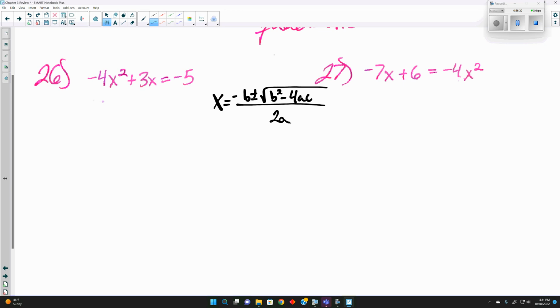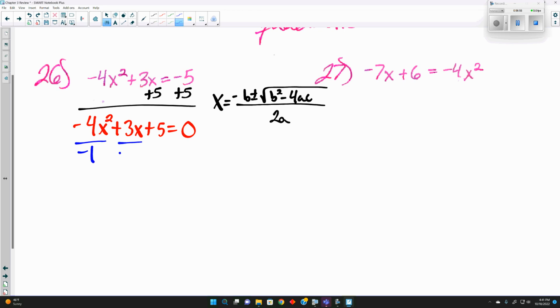So when we look at the first one here, we do need this equal to 0, so we can add 5 to both sides, which will tell me that we have negative 4x squared plus 3x plus 5 is equal to 0. Now we don't have to worry about the fact that the a value, the 4, is negative. If we don't want to deal with the negative value of a, that is fine. We can multiply or divide everything by negative 1. I could divide everything by negative 1 and that would fix it.